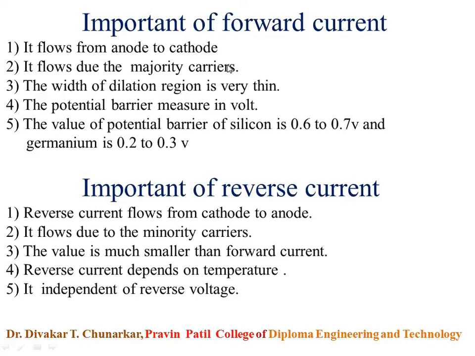In case of forward current, the width of the depletion region is very thin and the potential barrier is measured in volt. The potential barrier of silicon is 0.6 to 0.7 volt, so 0.7 is the important value. The potential barrier of germanium is 0.2 to 0.3 volt, so the important value is 0.3 volt.